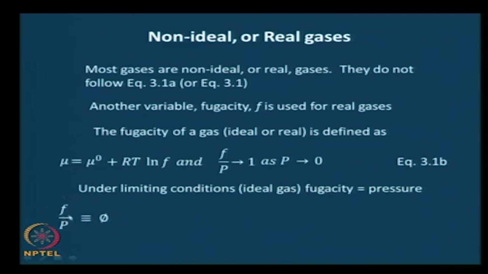This F by P is an interesting quantity, and let us define it as a separate quantity, indicated by the letter phi. We will call this equation 3.1c, and phi is called the fugacity coefficient. F was fugacity; phi, which is the ratio of F to P, is called the fugacity coefficient.